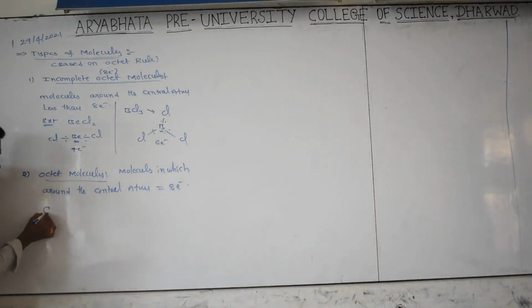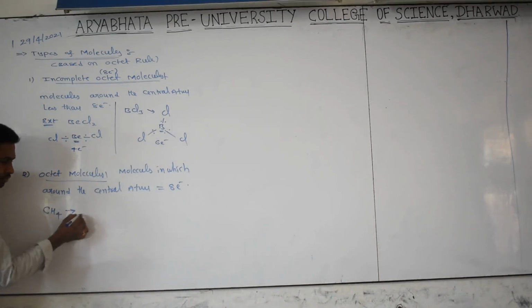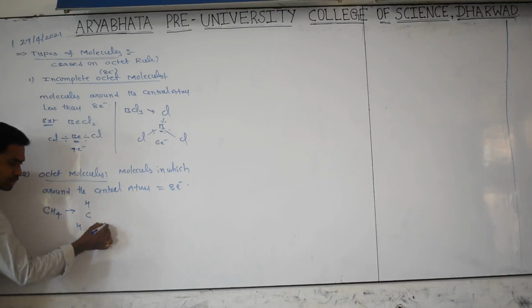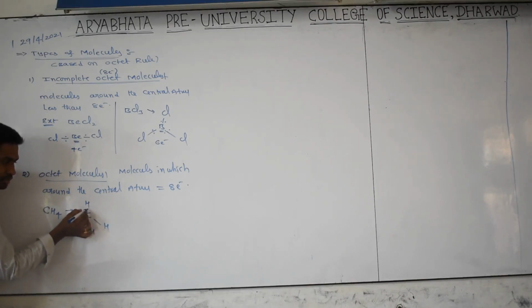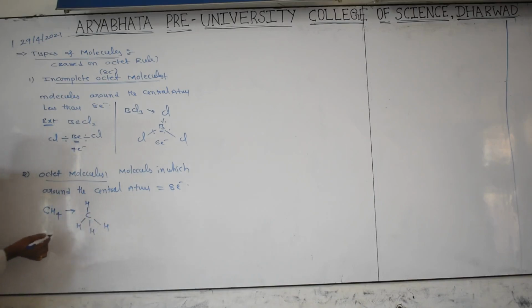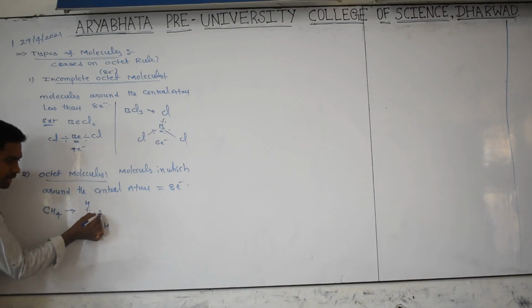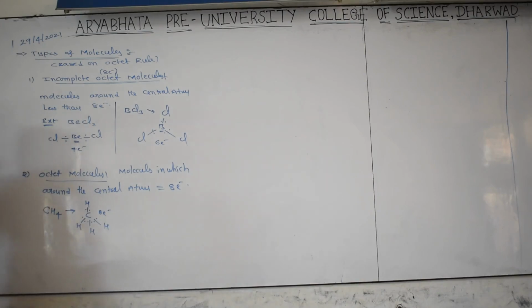I will tell you some examples. CH4: around the carbon we have 4 hydrogens, and every hydrogen can form one bond. If we write the Lewis dot structure, around the carbon atom we have 4 bonds, which means 4 pairs. 4 twos are 8 electrons, so it is called an octet molecule.